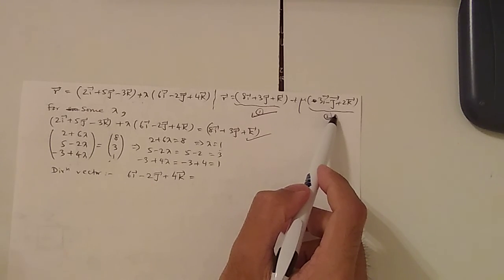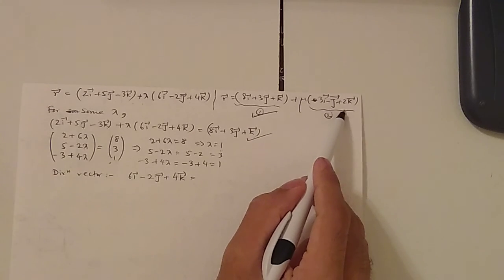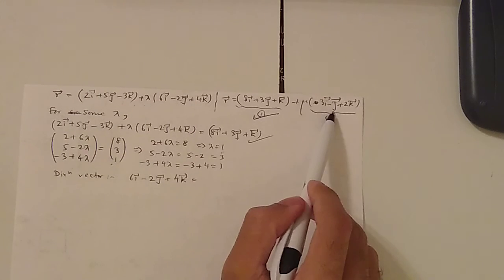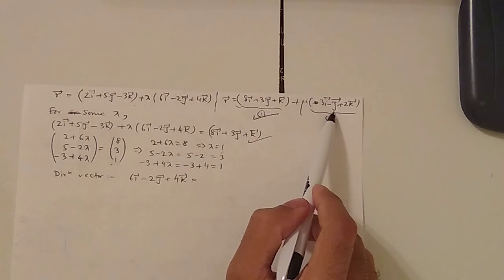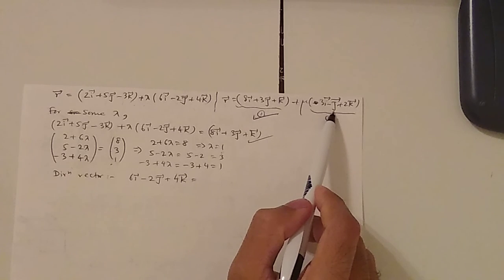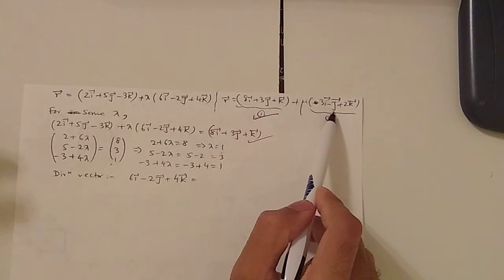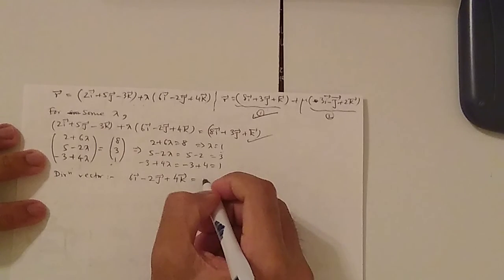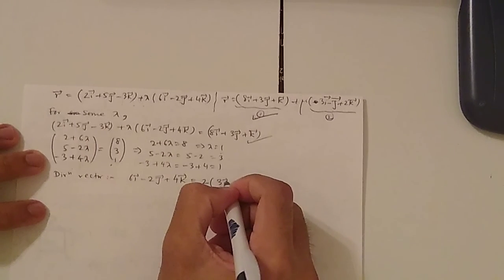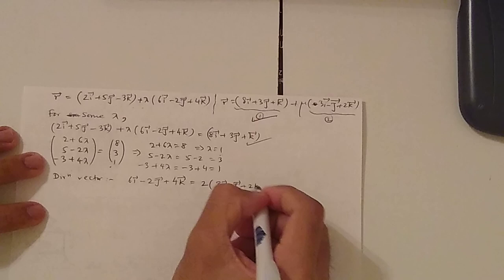The only difference is that they are not of the same length. The two vectors are not of the same length, but they are parallel to each other, and therefore it is possible to express them as scalar multiples of each other. So 6i minus 2j plus 4k can be written as 2 times 3i minus j plus 2k.